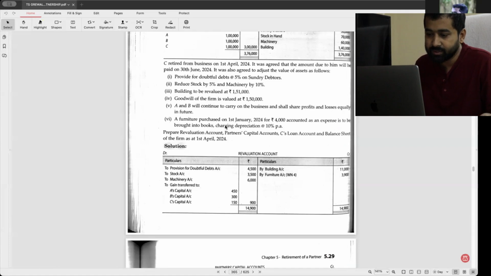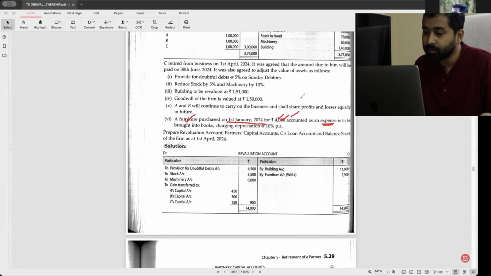Next, the last point given there: a furniture purchased on 1st January 2024 for rupees 4,000 was accounted as expenses, to be brought into account, charging depreciation at 10%. Remember this point. So on 1st January 2024 furniture was purchased, and this furniture was not taken as an asset but as expenses.